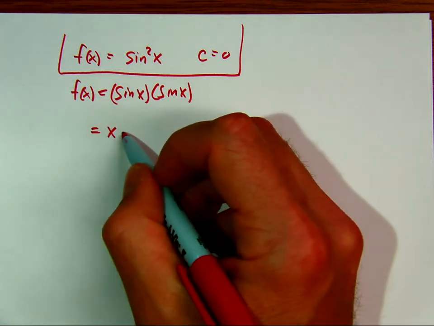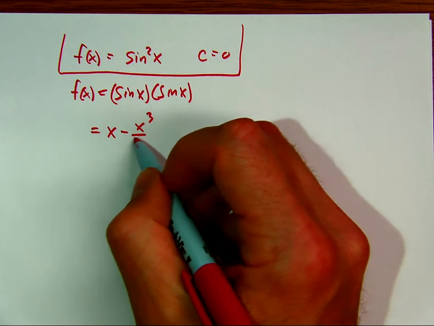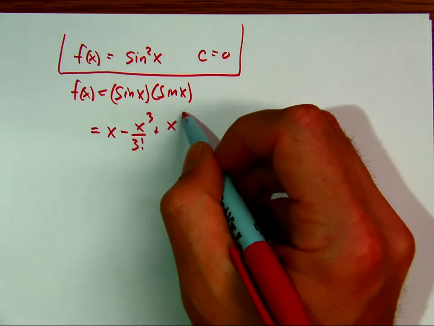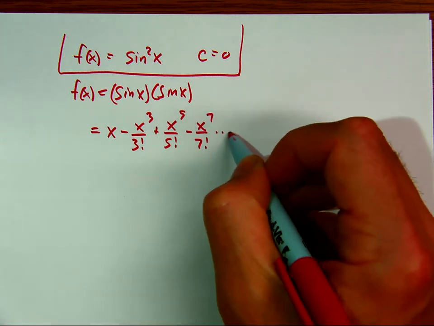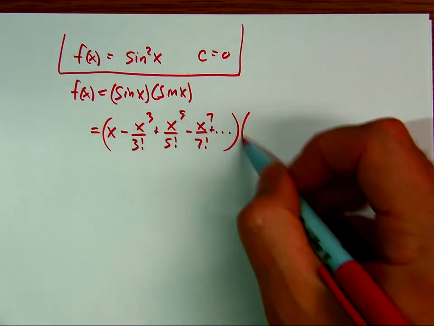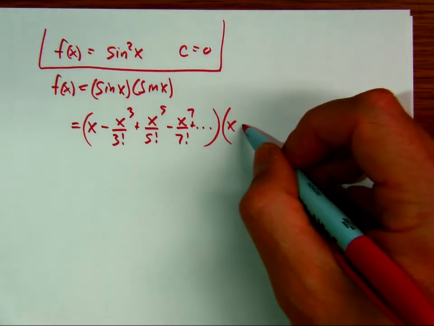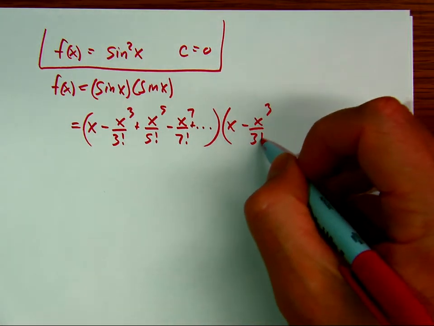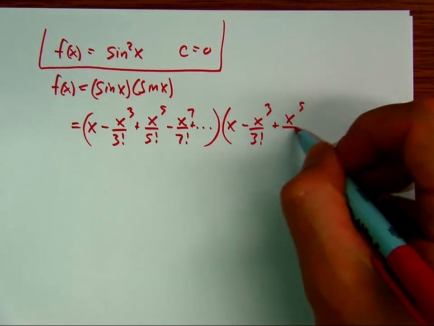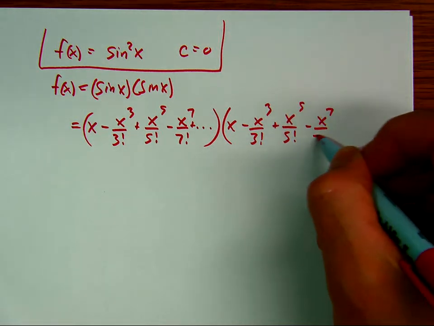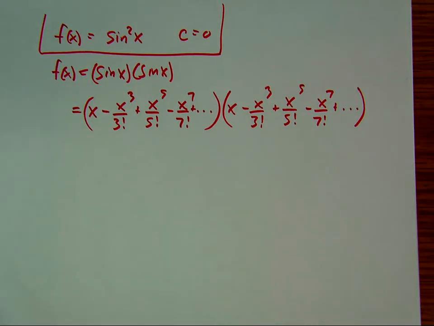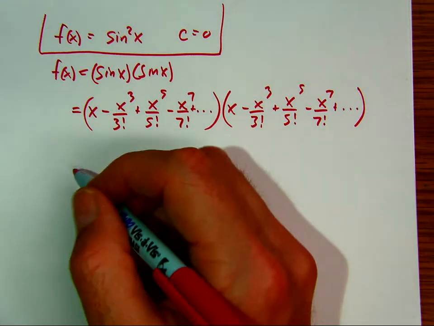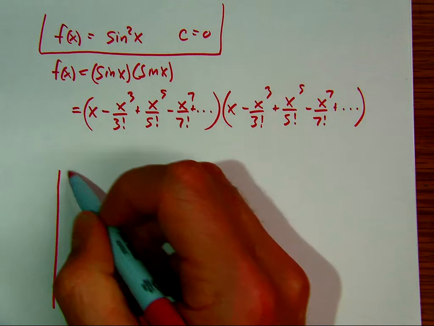So we have the odd powers. Now we just have to multiply these, which will give us, one way to do it is, let's go ahead and multiply like this.